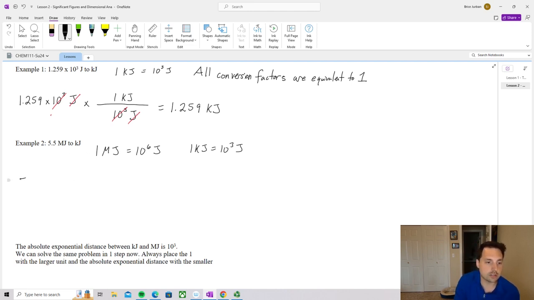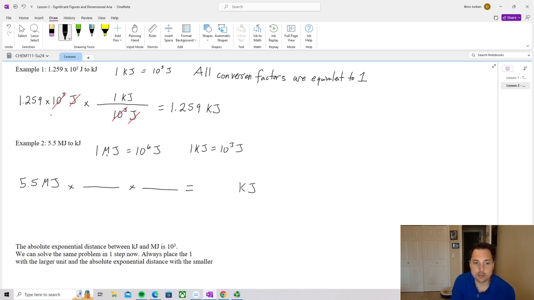What we're going to do next is use both of them. So we'll set up two different fractions. Fraction 1, fraction 2, equals sign, and then we want to convert this to kilojoules. You can always set up your plan kind of along this line where you need to make use of two conversion factors, and you know what your final units need to be.